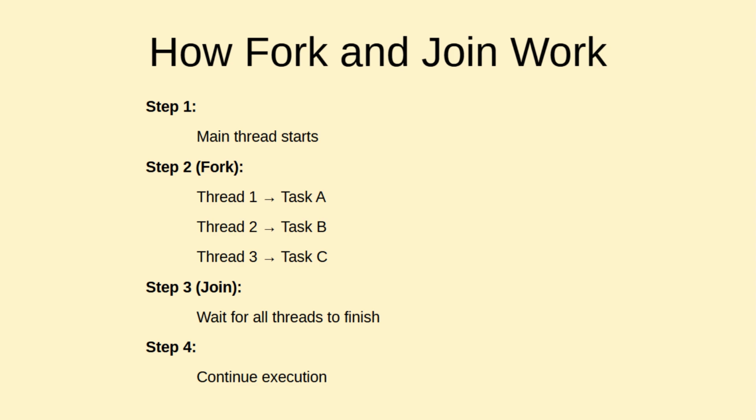Execution begins with a single main thread. During the fork phase, the program creates multiple parallel threads to process independent subtasks. The join phase waits until all threads complete before continuing execution. This synchronization ensures that all parallel work is finished before the next stage begins.